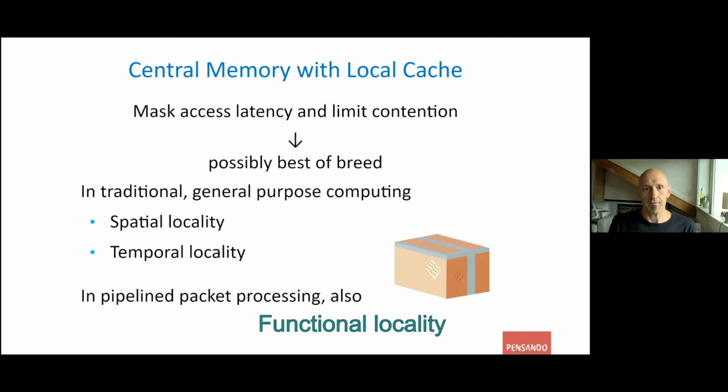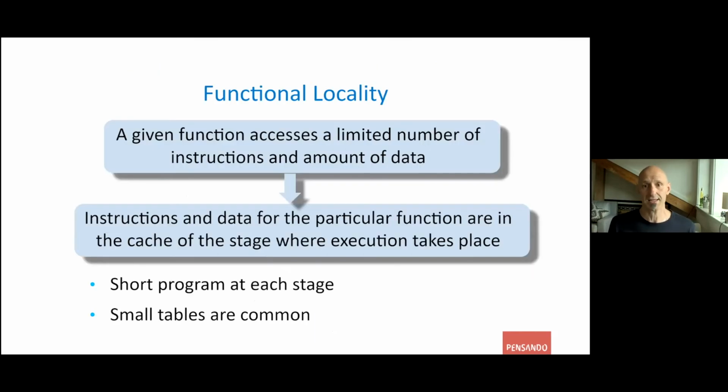Now, especially temporal locality is true also when we go to packet processing, and I'll elaborate a little bit more about this later. But in particular, when we deal with packet processing on a pipeline, we also have another type of locality, which is functional locality. What I mean by functional locality is that a given function is going to access a limited number of instructions and a limited amount of data.